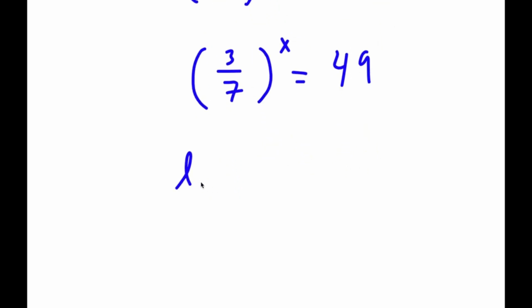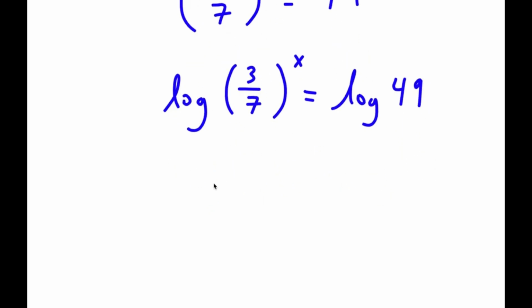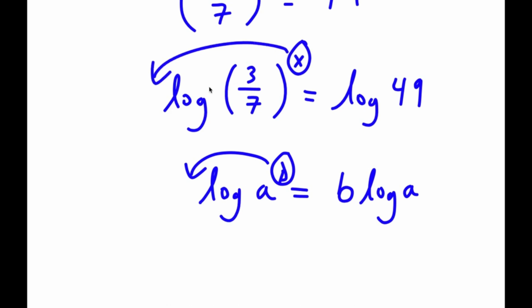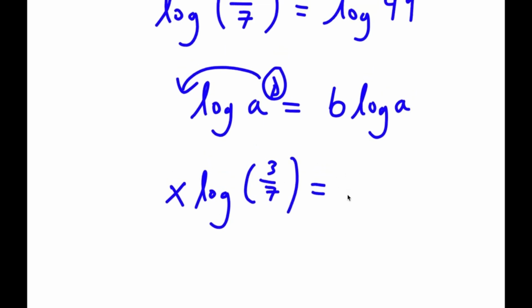Now, if I take the log on both sides, if I have something in the form log a to the power of b, I can move b to the front, so this is going to equal b times log a. So in this case, log 3 over 7 to the power of x, I can move x to the front, so this is going to equal x times log 3 over 7 is equal to log 49.